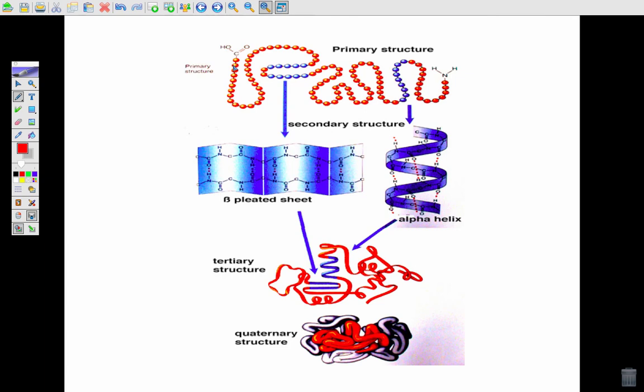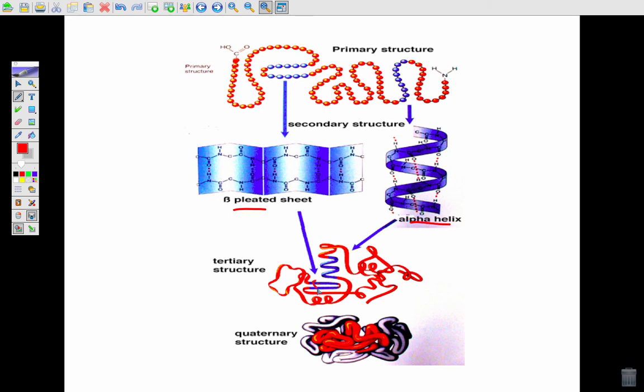This next one shows the same thing, just a different way to look at it. We have our primary structure, which is just a sequence of amino acids, so you have amino acid 1 and 2. We have the secondary structure showing the beta-pleated sheet, or the alpha helix.